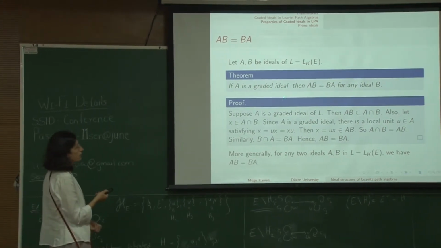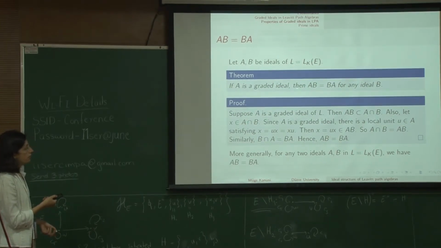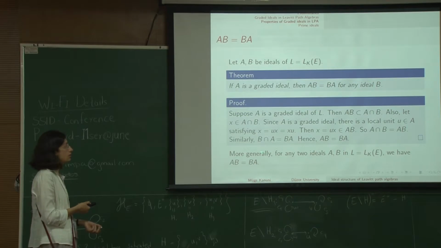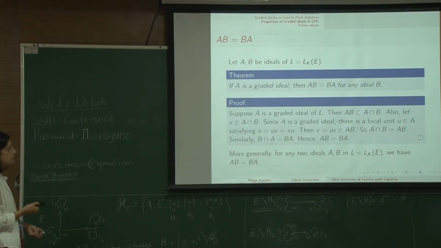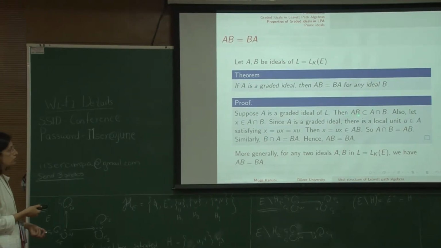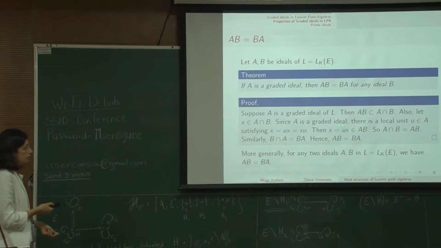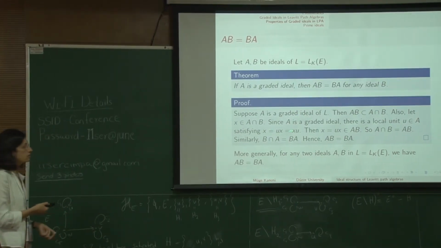If A is a graded ideal and B is any ideal, then the proof goes like this: take a graded ideal, clearly the product is always in the intersection. And if I take X to be in the intersection, I'm going to show that it's also contained in A times B. Since A is a graded ideal, I can find a local unit satisfying this property.